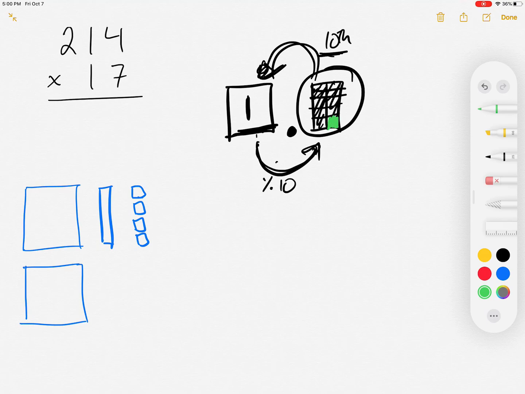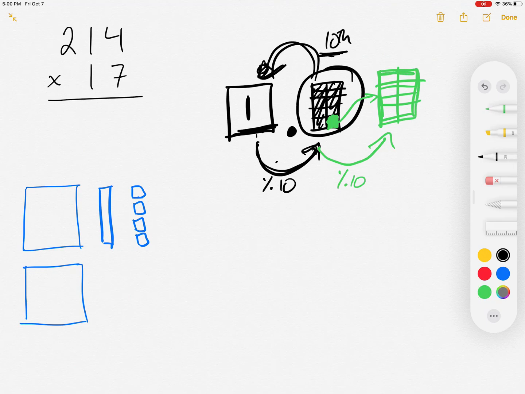If I take this 1/10 and want to move it down into the next place value, again I have to divide by 10. So I would take this one little cube and divide it into 10 again. This one little cube represents that whole black side. So I have 10 of them again, but they're all broken up, 10 pieces of a chocolate bar or whatever it is that you eat.